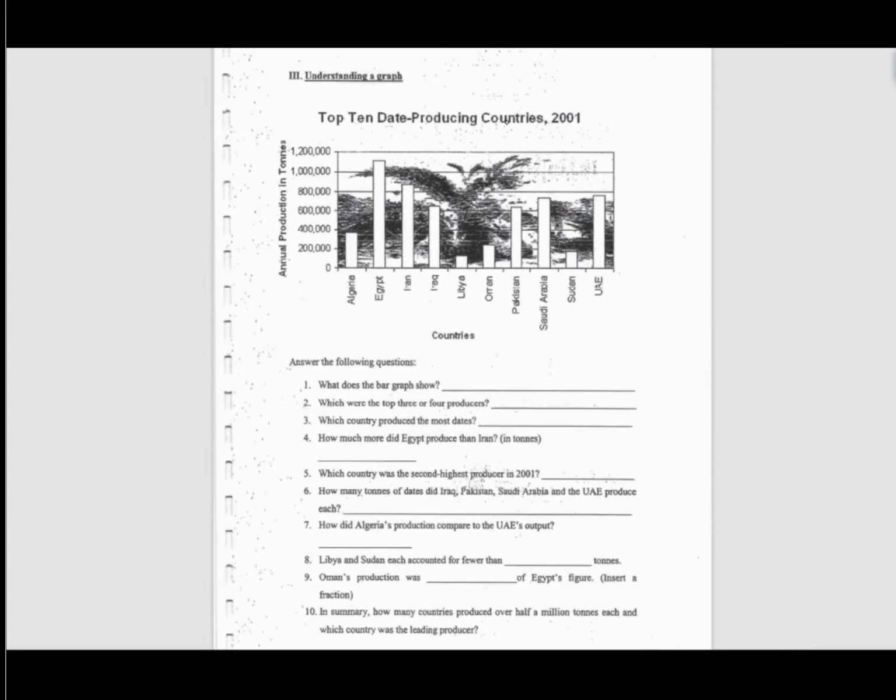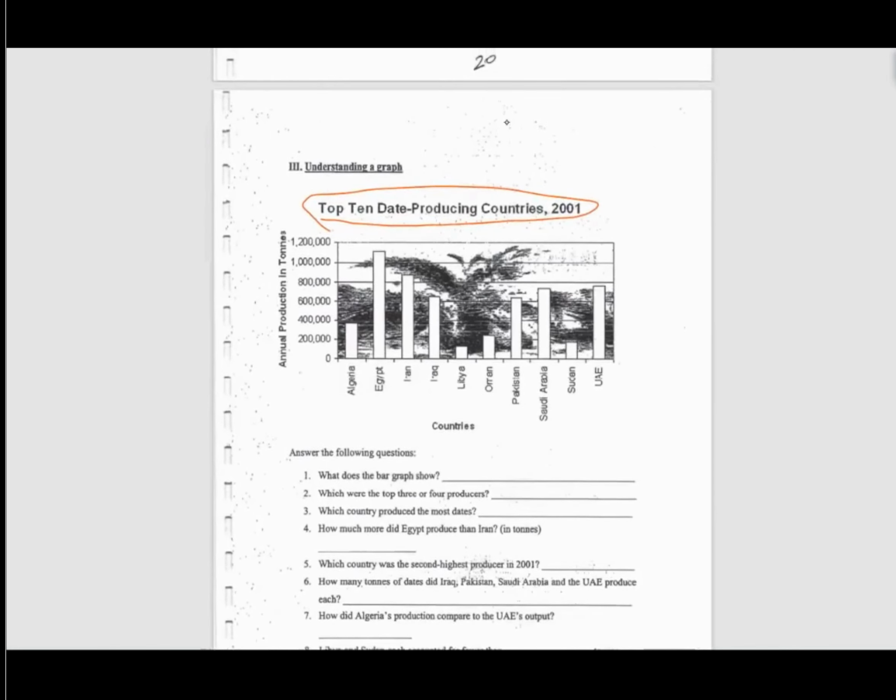But first of all, look at the topic here. The question sentence should be here in the exam. Then above the drawing, you will see the title or heading, which is similar to the question sentence.